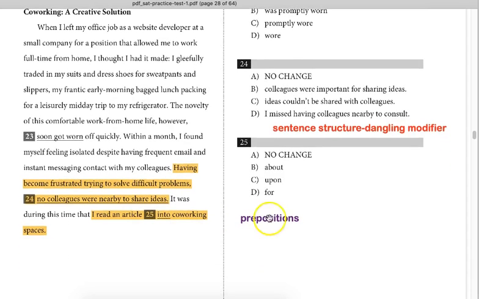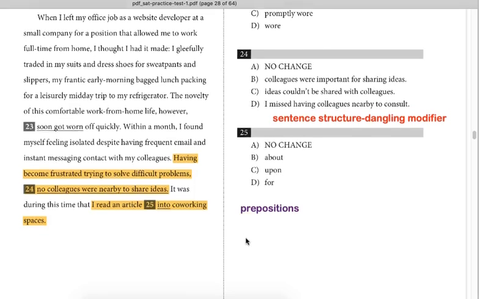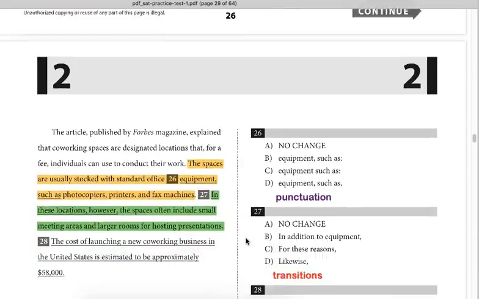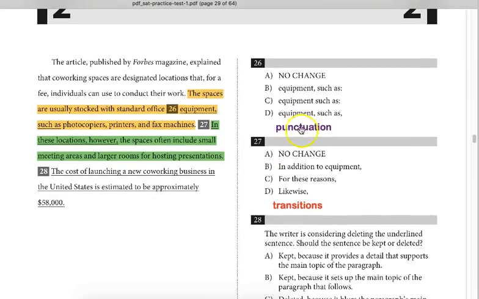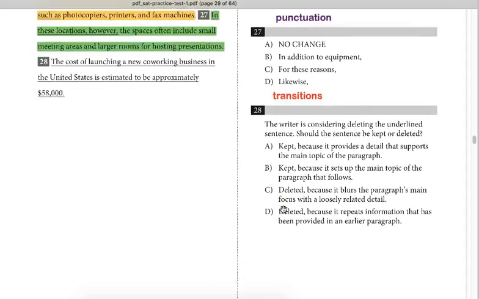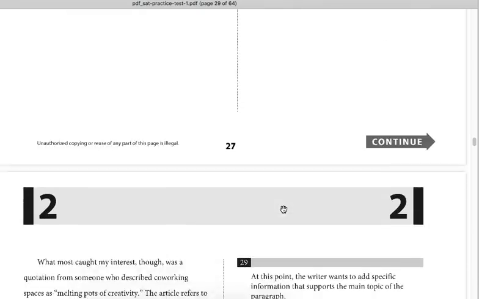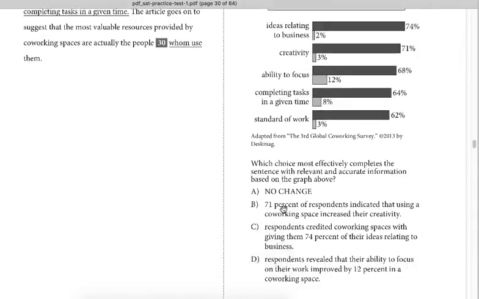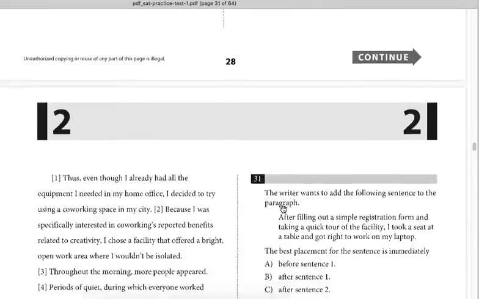Look at number 25, prepositions. Oh my goodness, I don't know when's the last time I've studied prepositions. Well, you're going to have to know them for this exam. Number 26 deals with the issue of punctuation again. Number 27, transitional elements. Are you beginning to get the picture now? Number 29 is the application of graphing, which is okay.